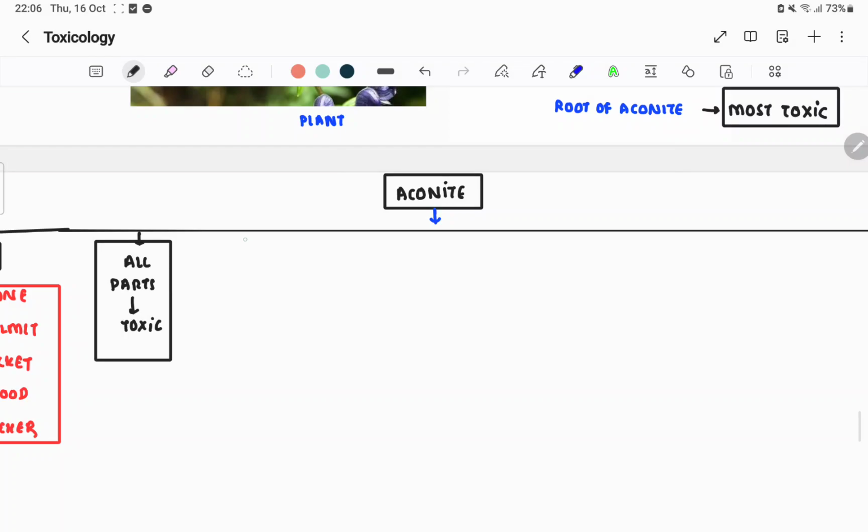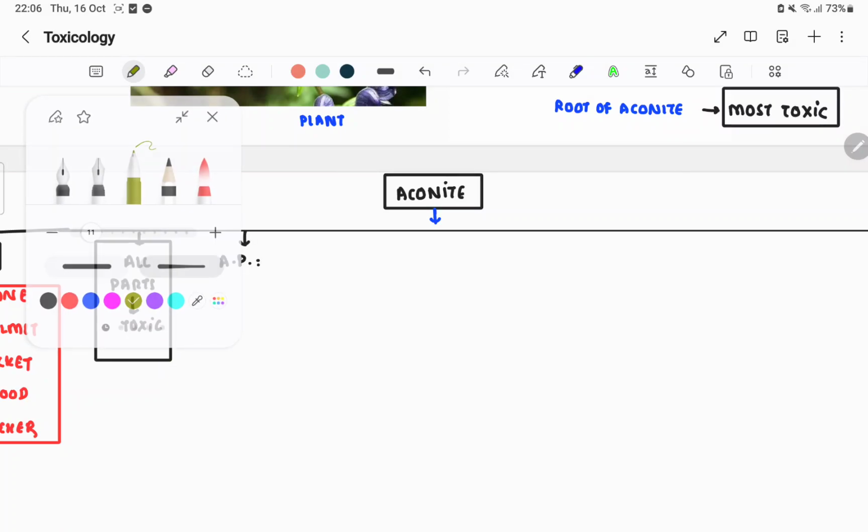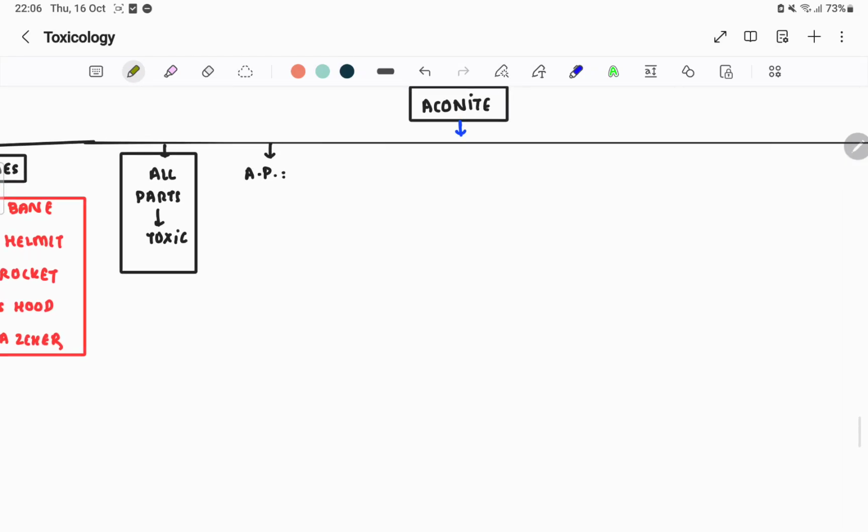And this active principle, I am sure you know how to write it. You add INE, like nicotine, it's similar sounding. So aconitine, pseudoaconitine, and indaconitine.